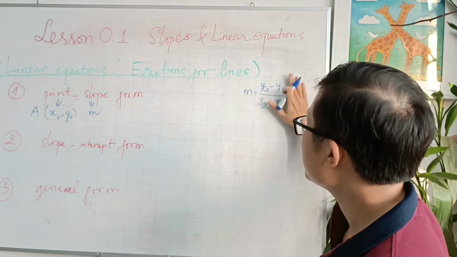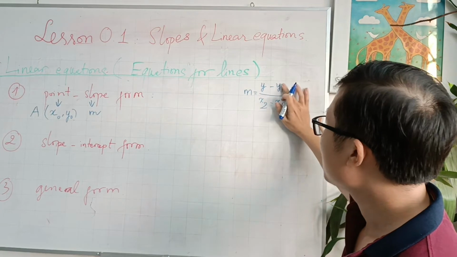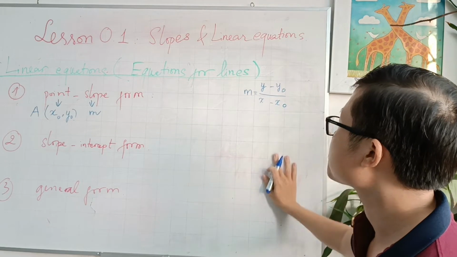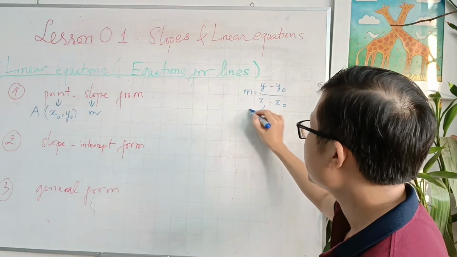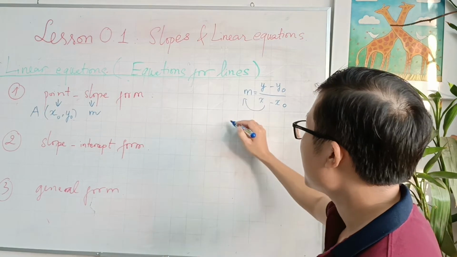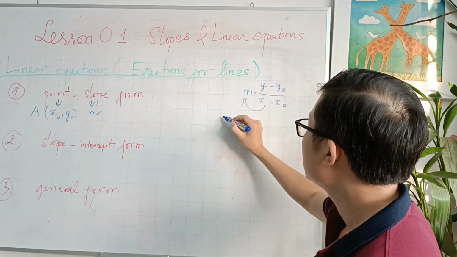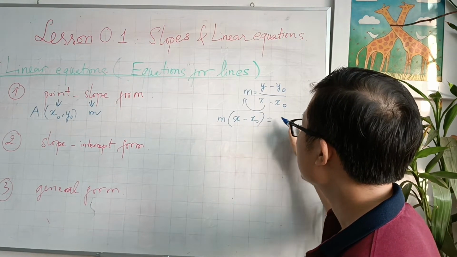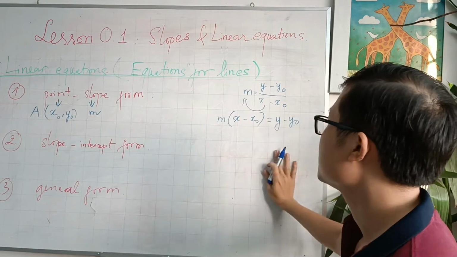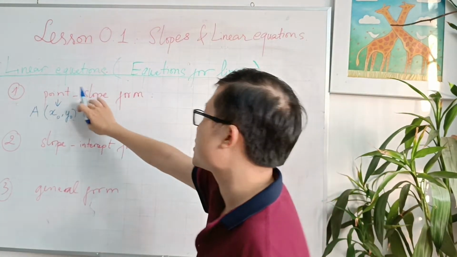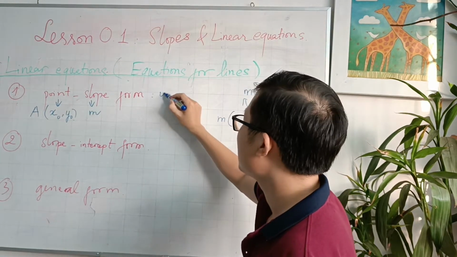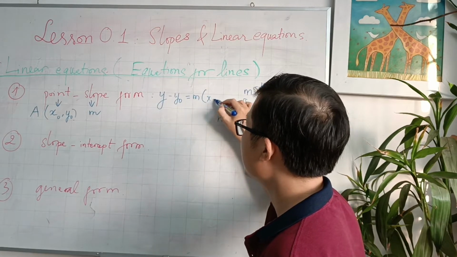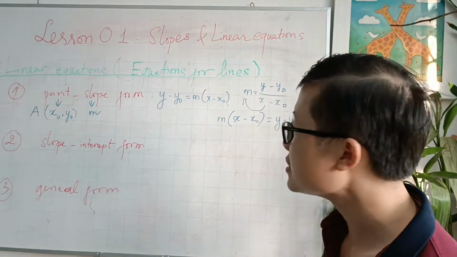So m also equals y minus y0 over x minus x0. We change the sign of this term, and we have m times x minus x0 equals y minus y0. And we have the point-slope form here: y minus y0 equals m times x minus x0. Okay, this is very easy.